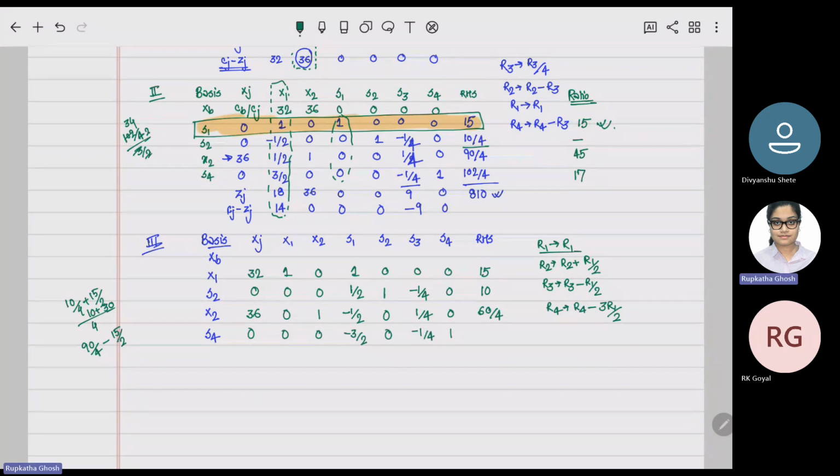This is 1 and this is 102 by 4 minus 3 into 15, 45 by 2, right? So that is 102 minus 90, so that is 12 by 4, 3.